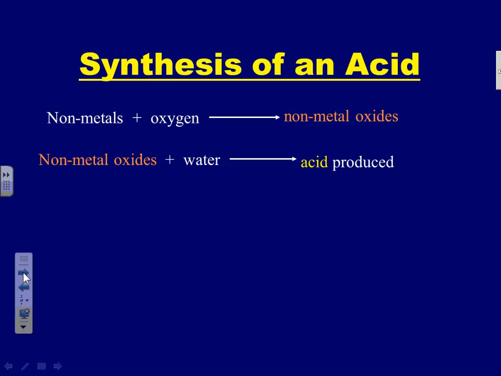So you take that nonmetal oxide, whatever you've got after you've burnt the nonmetal, you react it with some water, and it ends up producing an acid. So the main thing, how do you get acids? You take a nonmetal, you burn it, you take that product, you mix it with water, there's a reaction with the water, and it produces an acid, okay?